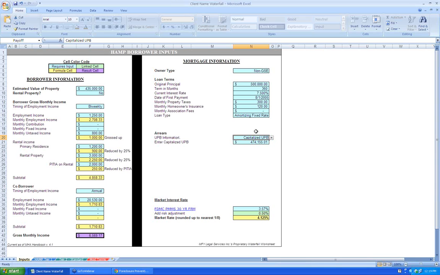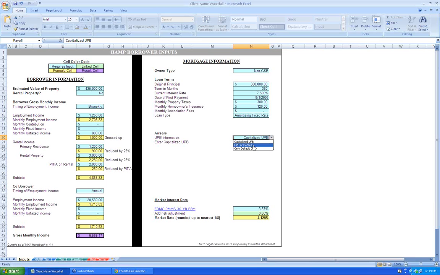You can select as your UPB information, capitalized UPB, and enter that amount. The difficulty with this is that it goes stale. It goes stale very fast because interest accrues on a daily rate. Property taxes are accruing, depending on the frequency with which you pay them. Same with homeowners insurance. So that will not be good 2 months from now.